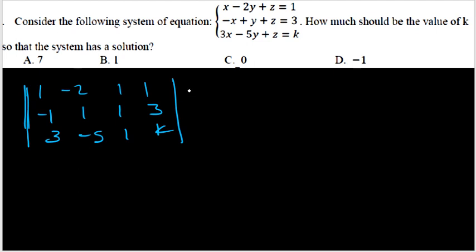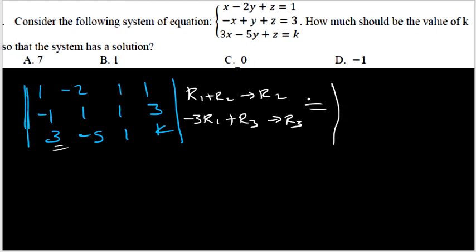So R1 plus R2 will give us R2, and again to make this 0 I can multiply the first row by negative 3 times R1 plus R3 will be R3, and let us see the result now. I'm going to do two things at the same time. The first row will be as it is, 1, negative 2, 1, 1, and then I will add 1 plus negative 1 will be 0, and here negative 1, 2, and 4, and the last one I will multiply by negative 3, then add, which will be 0.